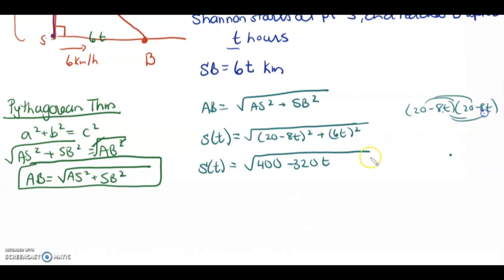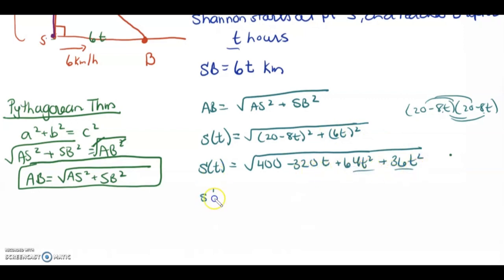Then negative 8t times negative 8t is plus 64t squared. Then plus 6t squared: 6 squared is 36, so 36t squared.